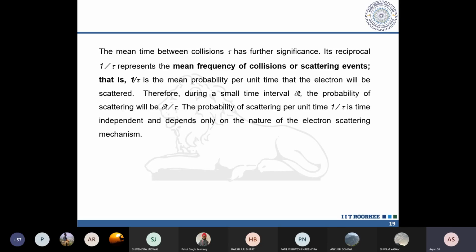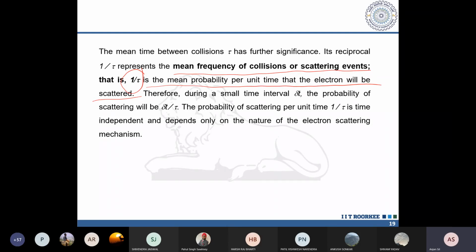So 1/tau gives you the collision probability, the mean frequency of collision or scattering events. If tau is this, 1/tau will give you how many scatterings take place per unit time. So it is the mean probability per unit time that the electron will be scattered. I am saying the same thing in different forms just to realize more and more.